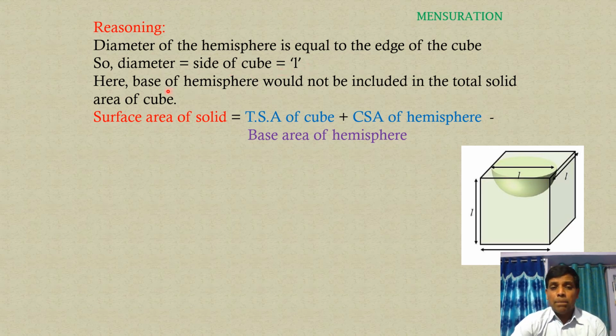Here the base of the hemisphere would not be included in the total surface area of the cube. How to find the surface area of the remaining solid? TS of a cube, the total surface area of a cube, plus CS of a hemisphere, only the CS, minus the base area of the hemisphere.